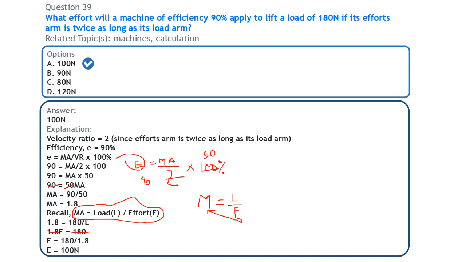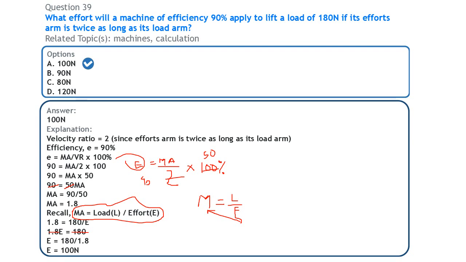How do we know that is 2? Now the formula for velocity ratio is the distance moved by effort over the distance moved by load. Now if the effort arm is twice as long as the load arm, that means that the distance that will be covered over the effort arm will be 2 times the distance that will be covered over the load arm.